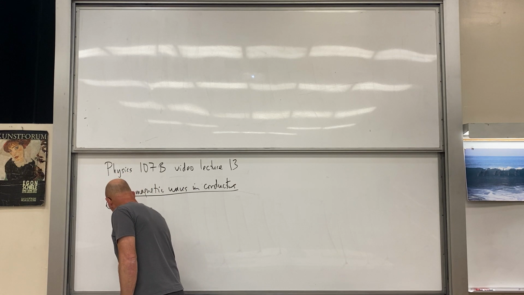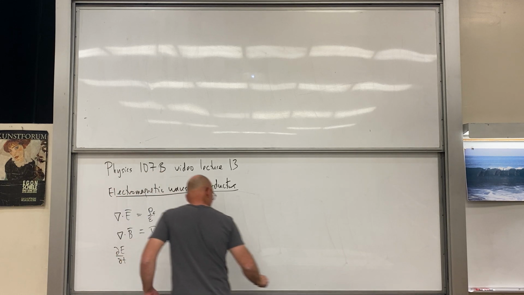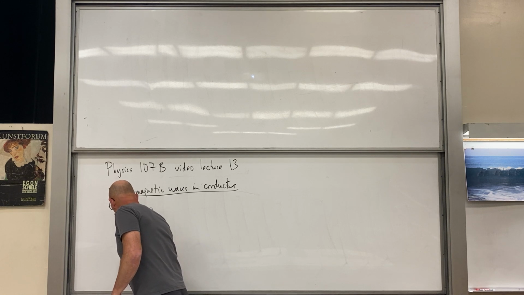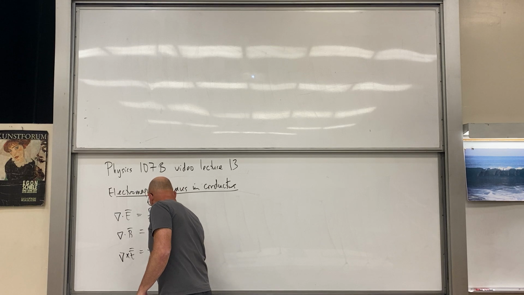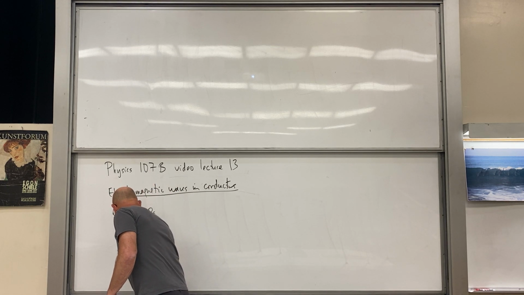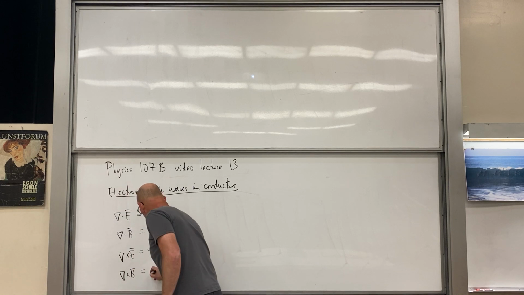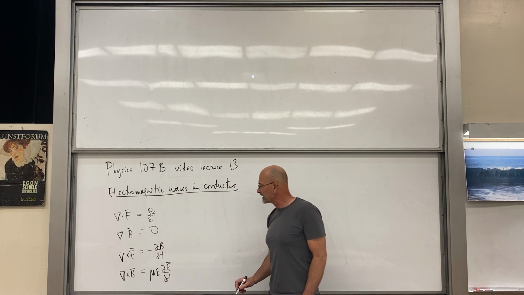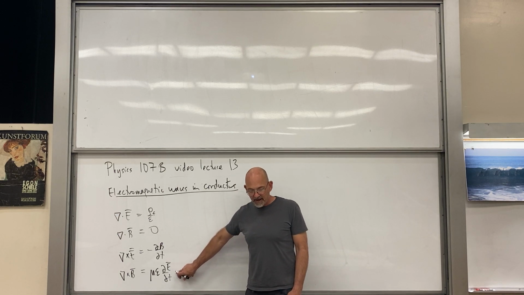We have Faraday, curl of E. And Ampere, curl of B, mu epsilon dE/dt. But now we have some current density, so we're going to have a J right here.